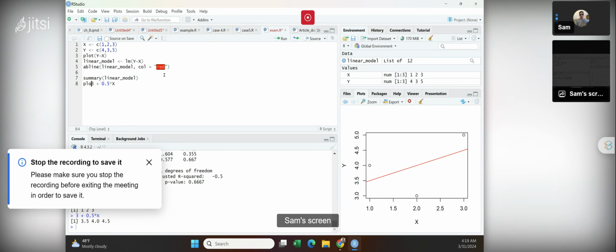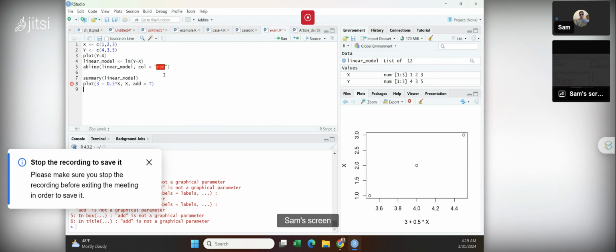Let me see whether I can add them here. Probably I have to add x values here also, and say that add is true. Let me see whether I can do that. Okay, no, should be here.